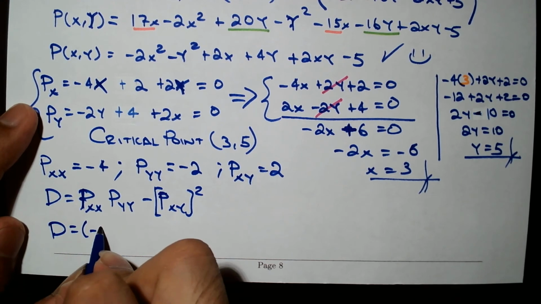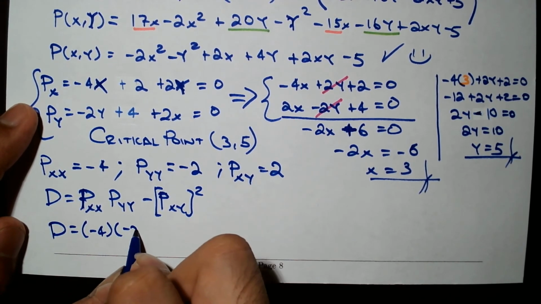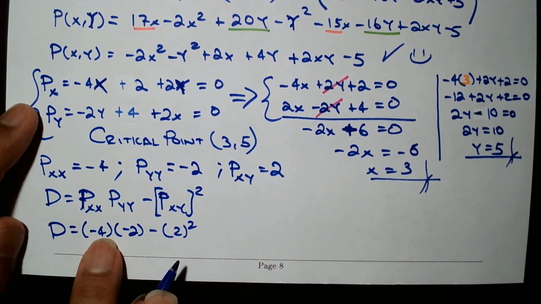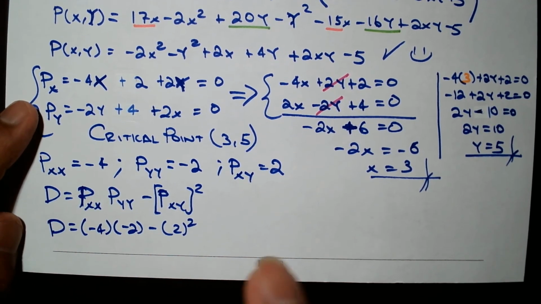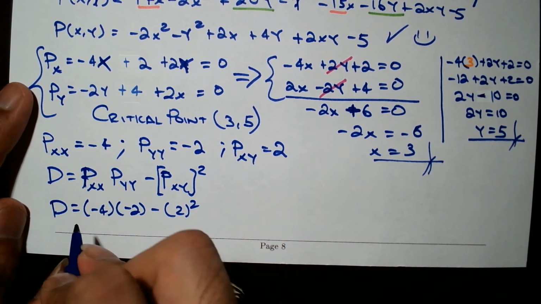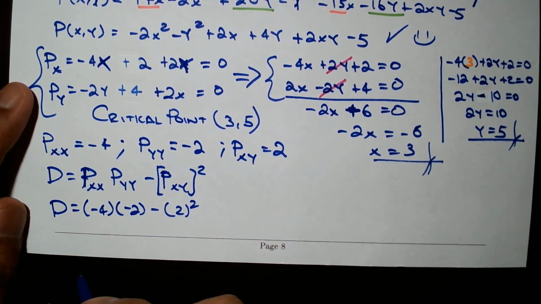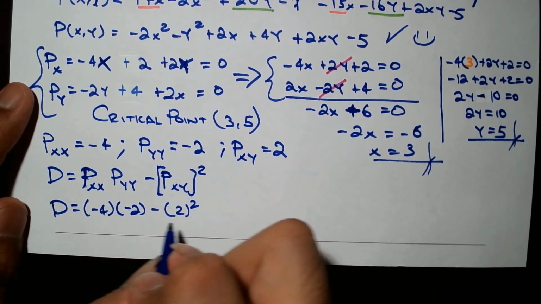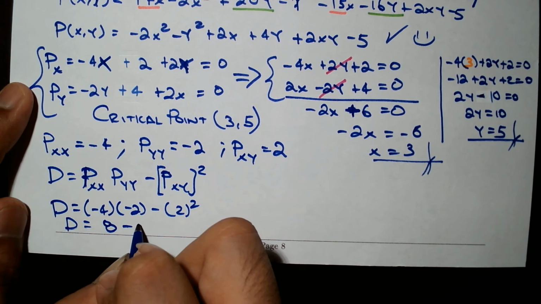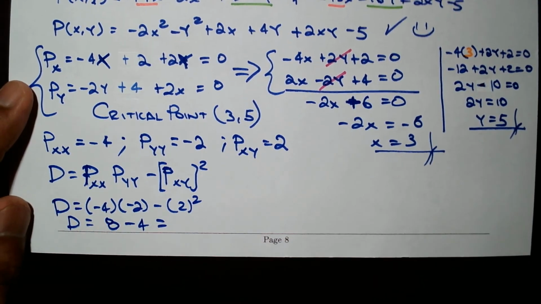Negative 4 times negative 2 minus 2 squared. Negative 4 times negative 2 is a positive 8. And 8 minus 2 squared, which is 4, equals 4.